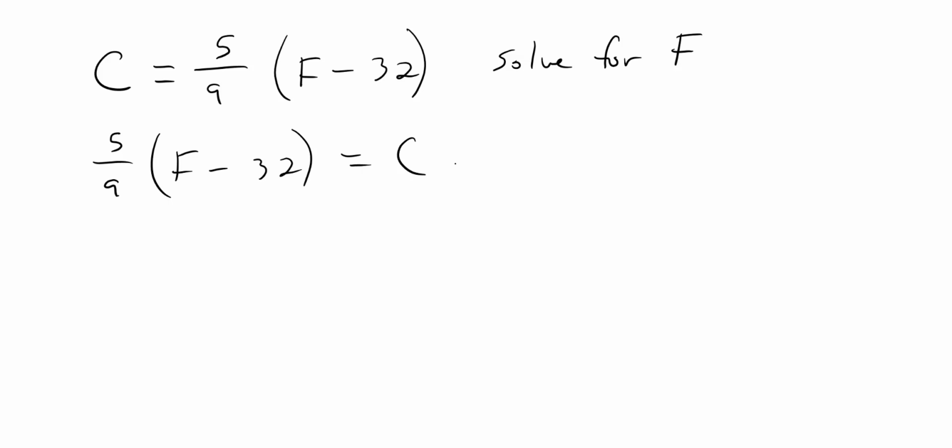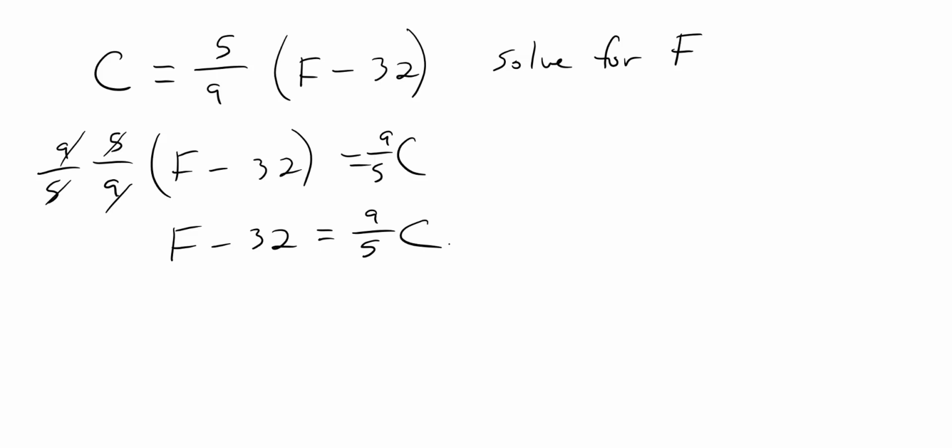Okay? And so how do you get rid of that 5/9? If you guys remember from Algebra 1, you have to multiply by its what? Reciprocal. So multiply by 9/5. And this one by 9/5. So that cancels that out. That's why you do that. So you wind up getting F minus 32 equals 9/5 C. Okay? So that actually simplified it a lot.